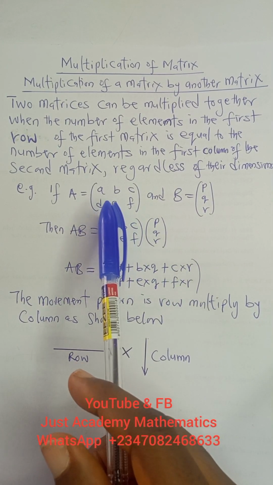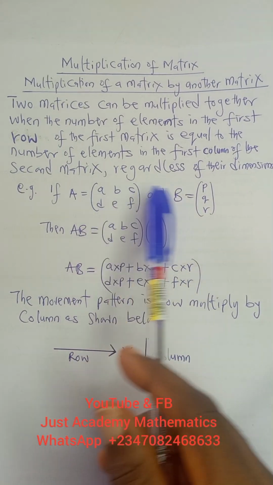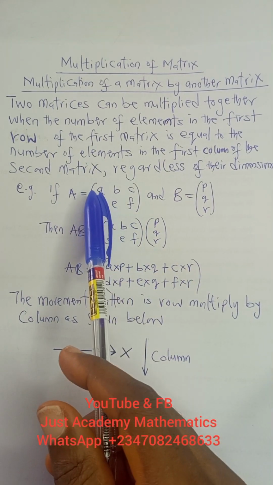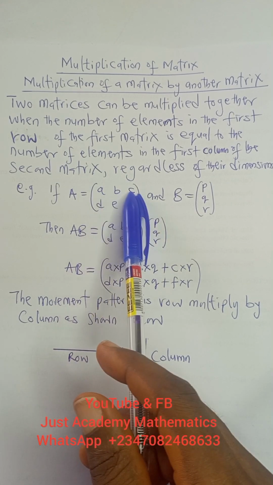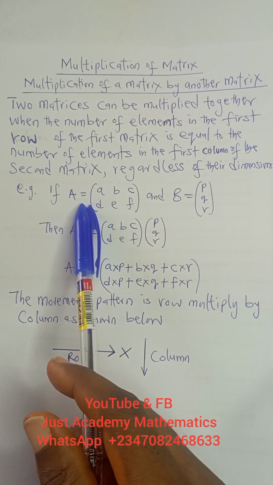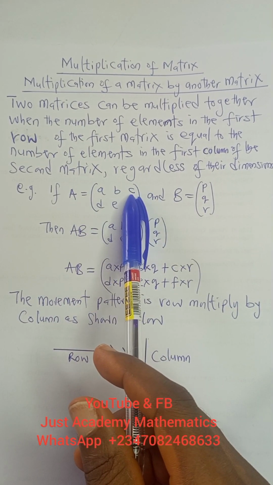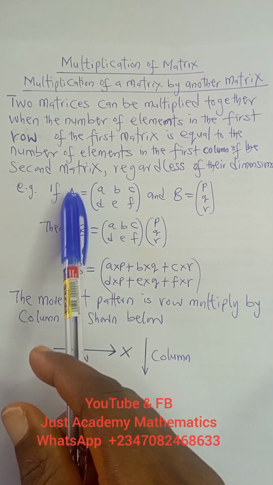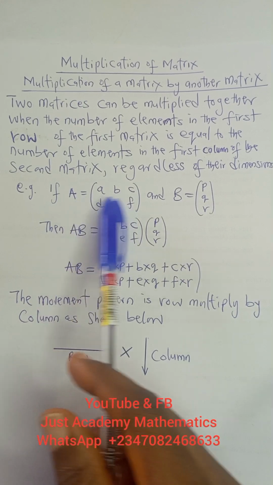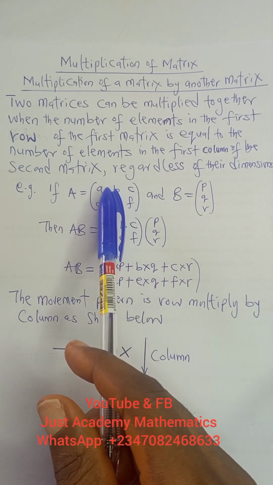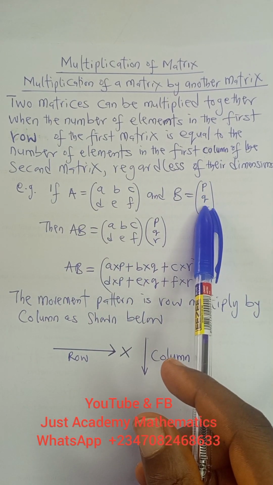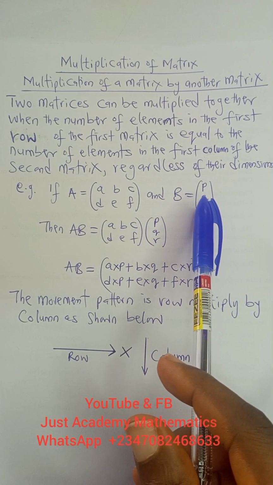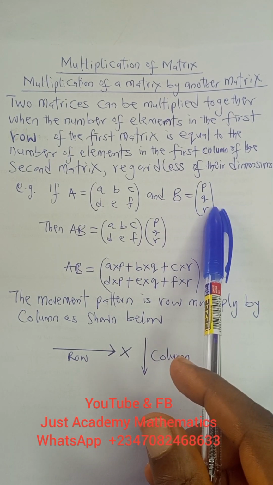But what will guarantee whether the multiplication is possible is only when the number of elements in the first row of the first matrix, this is the first matrix, how many elements do we have in the first row? 1, 2, 3. 3 elements on the first row in this first matrix. Now, it must tally with the number of elements in the first column of the second matrix.